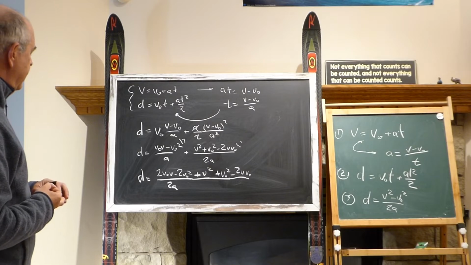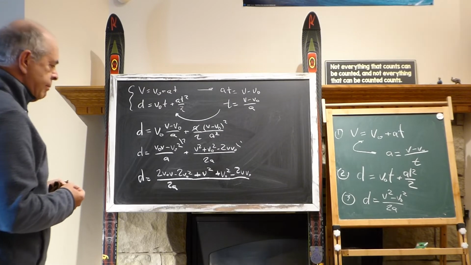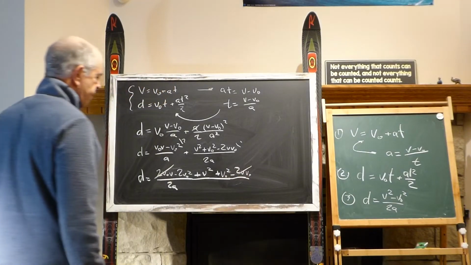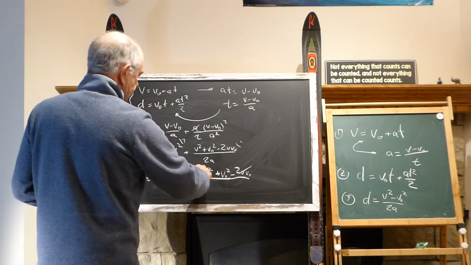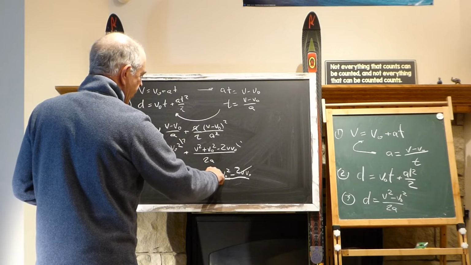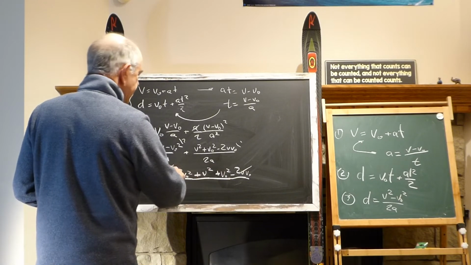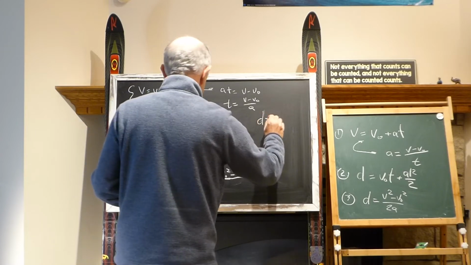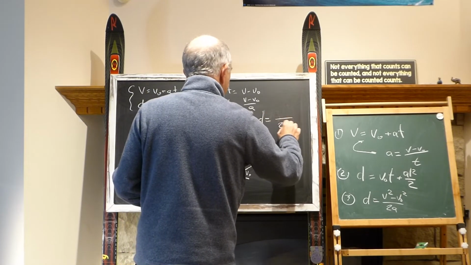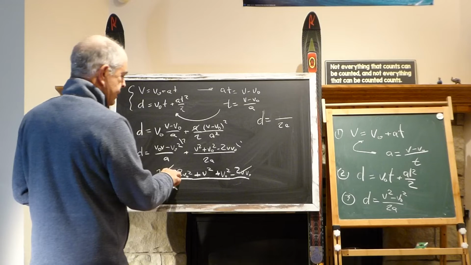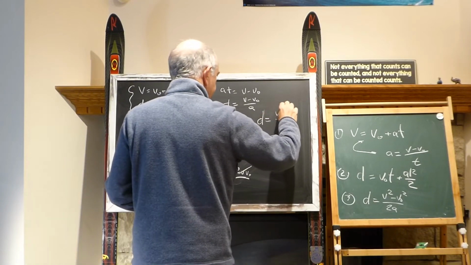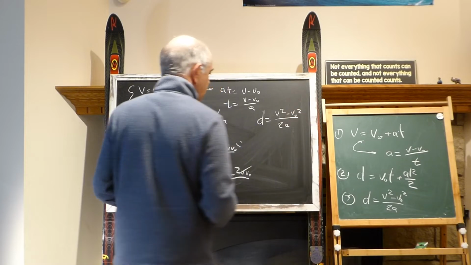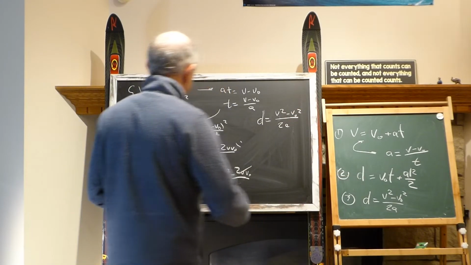And that's quite good, because this and this are gone. V squared stays, and here we have 1 apple minus 2 apples. And so this becomes D equals, over 2a, v squared minus v0 squared. And this is exactly what it is.